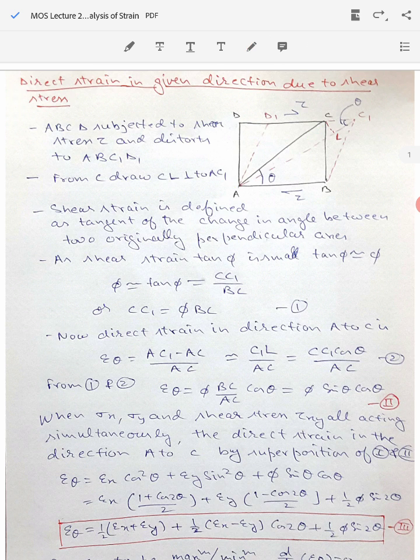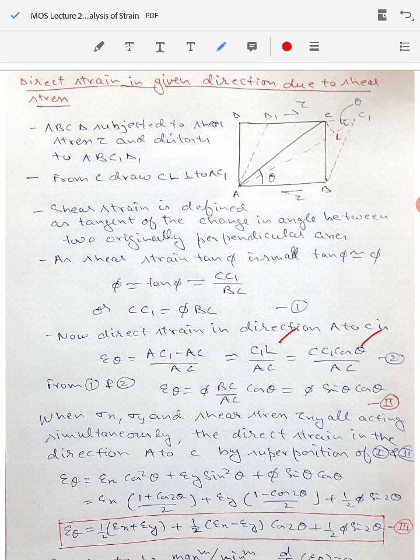So AC1 minus AC will be approximately equal to C1L, divided by AC. If you look at the small triangle CC1L, it has the angle CC1L defined as theta. So that gives you the C1L value as CC1 cos theta. We substitute that here, so epsilon theta becomes CC1 cos theta divided by AC.